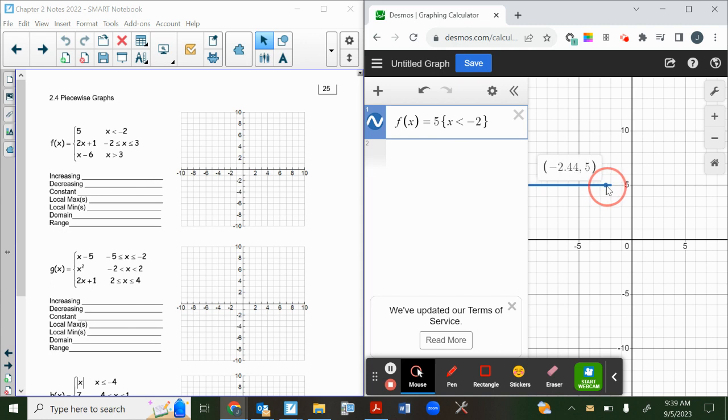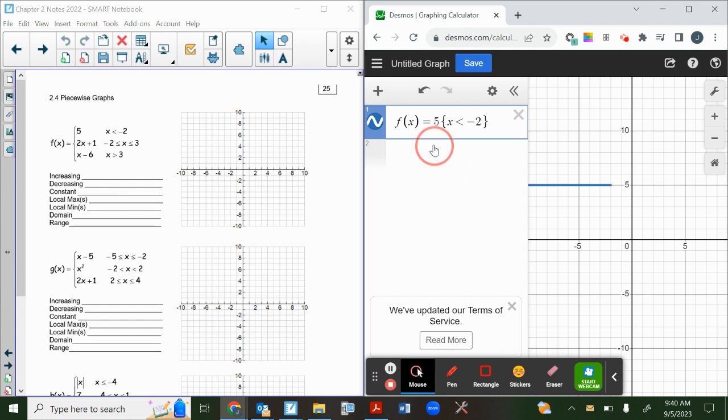As I go along and get to -2, I can't really click on it because it's technically an open circle, but all of these are 5 until you get to -2, and then it stops. That piece of the graph is done.